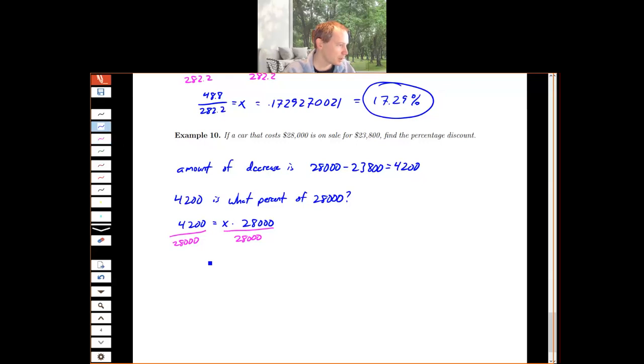And so I get x is 0.15, or 15%. So here we have a 15% decrease.